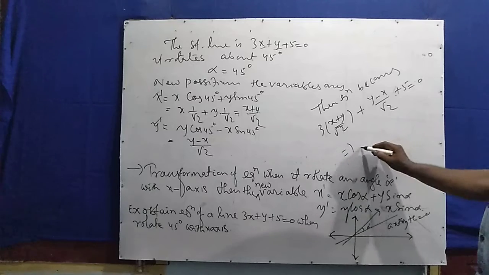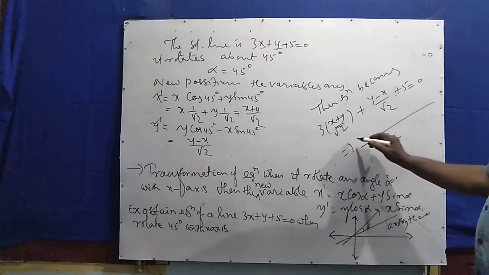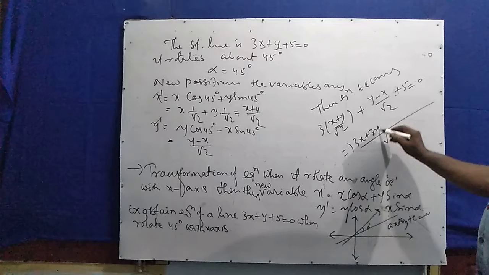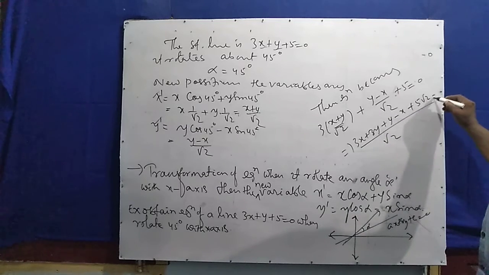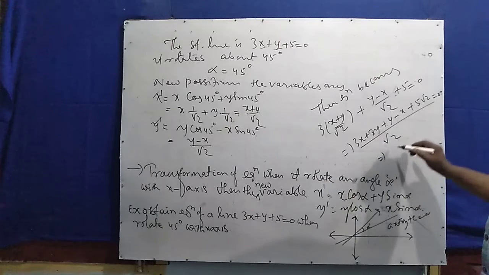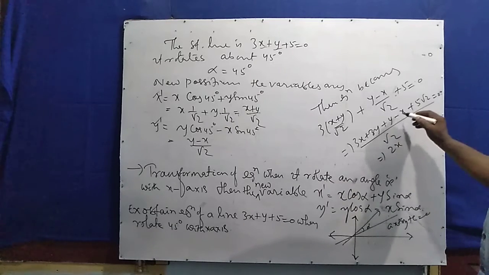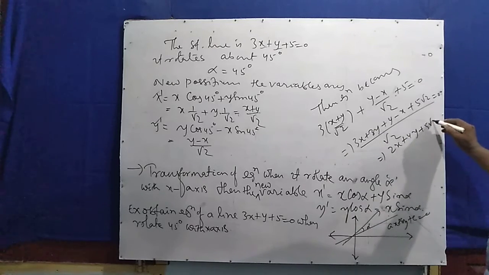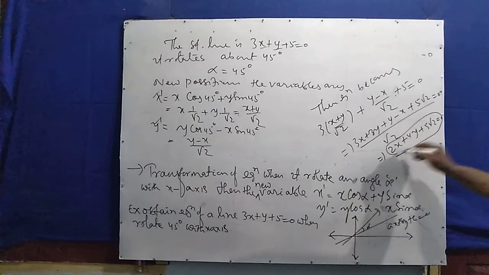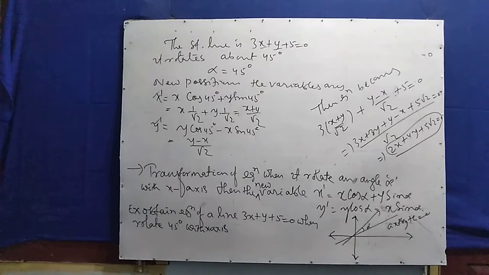So what is the LCM here? Root 2 is the LCM. So 3x plus 3y plus y minus x plus 5 root 2 is equal to 0. So 3x minus x equal to 2x, 3y plus y equal to 4y, plus 5 root 2 is equal to 0. This is the required equation. After rotation of the straight line by an angle 45 degree, the equation in its new position is 2x plus 4y plus 5 root 2 equal to 0.